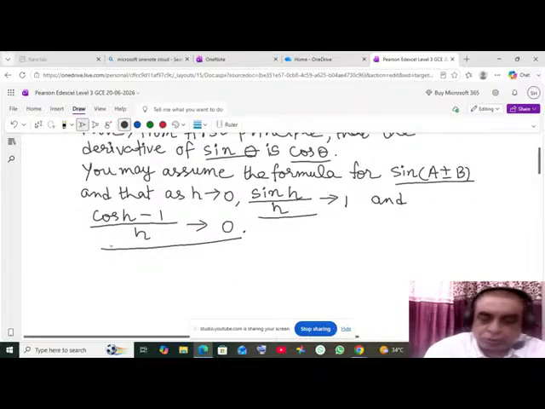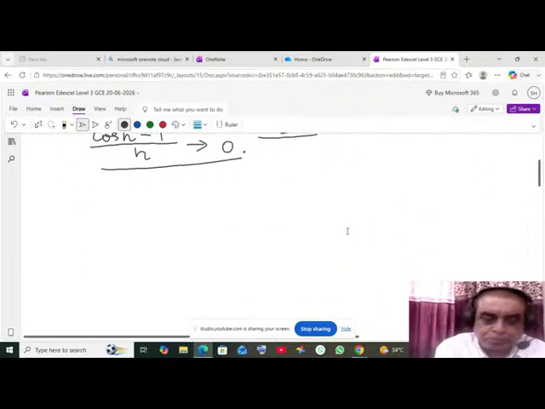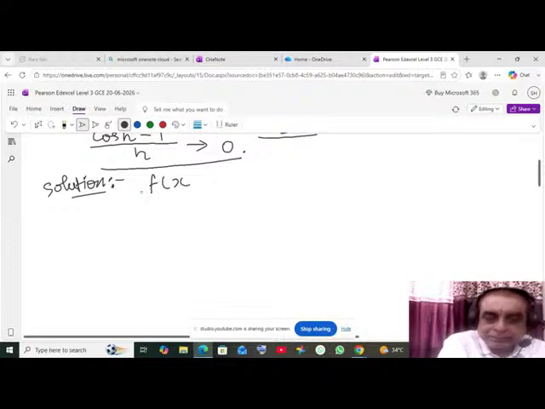So from first principles, we have to show that the derivative of sine theta is cos theta using these formulae. Now please follow here, I am doing this sum. Here you may write f(x), or y, is equal to sine x.